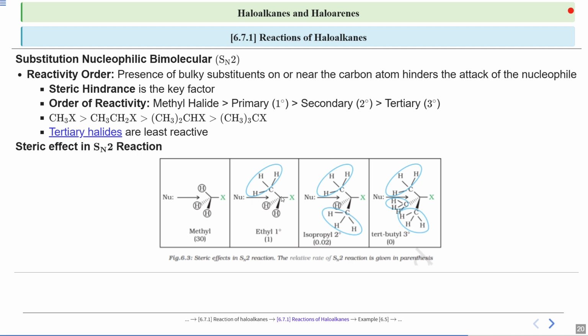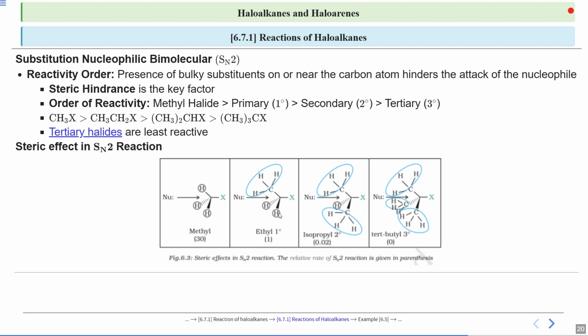Now the carbon that is bonded with the halogen has one bulky substituent, a methyl group. So on this carbon we have CH3 and 2 hydrogens. Due to the presence of one bulky group on this carbon, the nucleophile attack will be affected, and the nucleophile will experience steric hindrance in attacking this carbon.